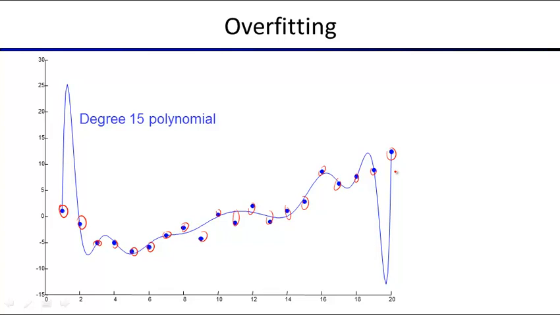We don't see the test data here, so we don't know how well it does on the test data, but you could imagine that the real pattern would not predict this value here or this value here, and that this is not a good way of fitting this data. What happened is you gave the algorithm a lot of coefficients in the polynomial so it could fit the data really well, but as a consequence, it did it in a weird way, and that's not what we want.